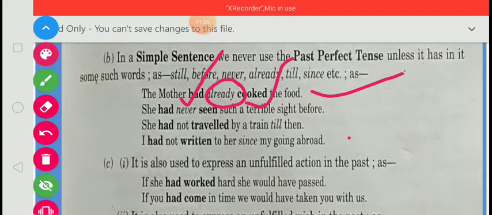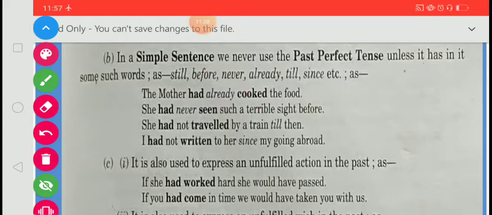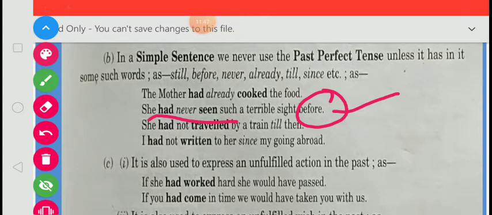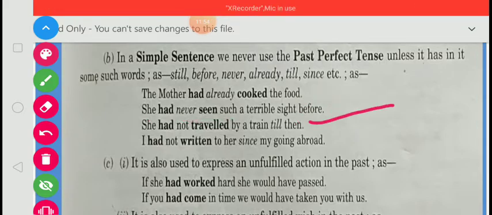Okay students. Second one: she had never seen such a terrible sight before. Because of this word, it has been written in past perfect tense. Okay students, and so on.